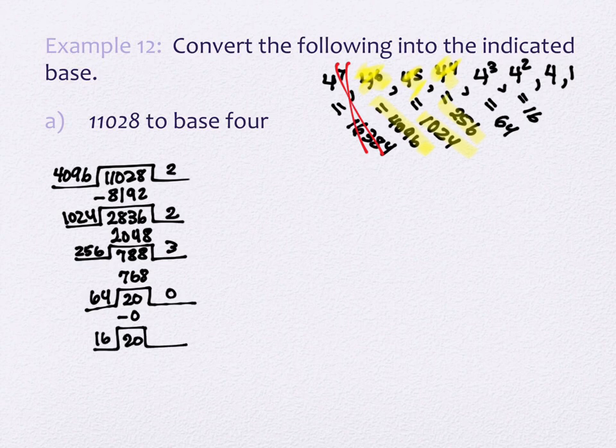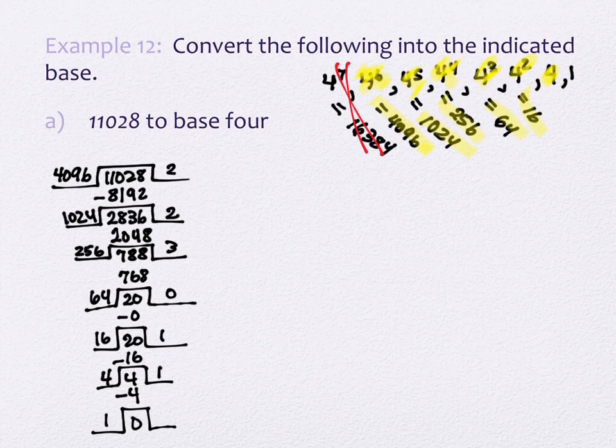Now I can move down my list to 16. How many 16s are there in 20? There's 1. So minus 16 gives me a leftover 4, which happens to be the next number I'm working with. How many 4s are there in 4? 1. What's 1 times 4? 4. And what's 4 minus 4? 0. But we are not done, because we always divide by every number and we still need to divide by the number 1.